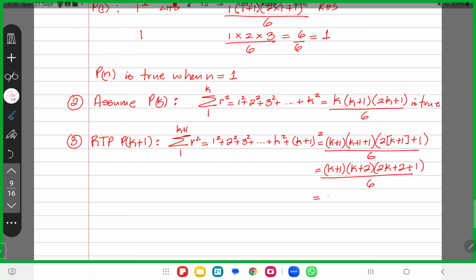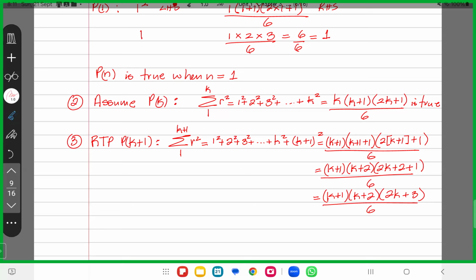And this simplifies to what? (k+1) multiplied by (k+2) multiplied by (2k+3), all over 6. This is what we have to prove.